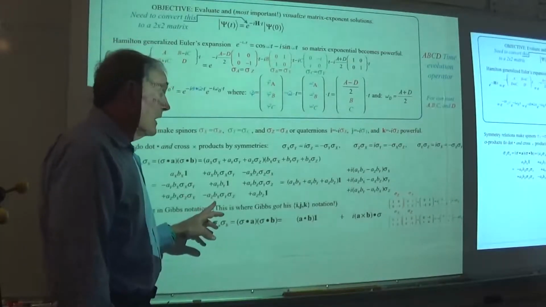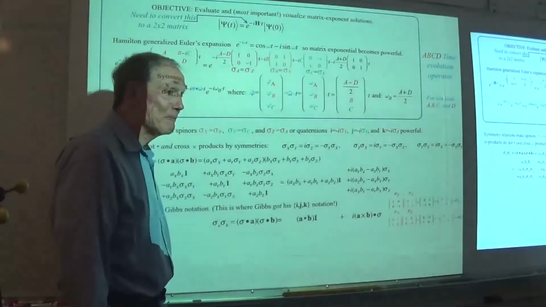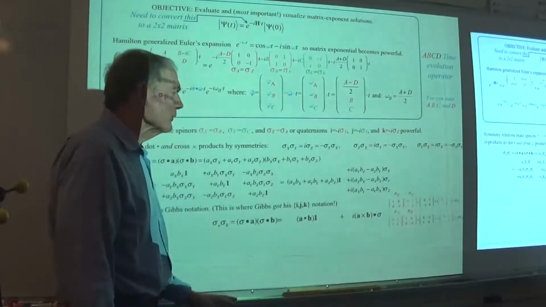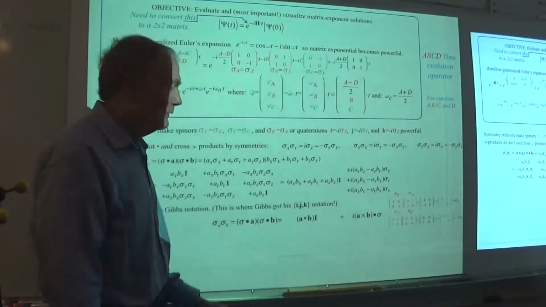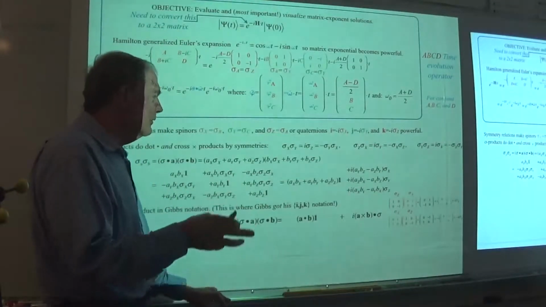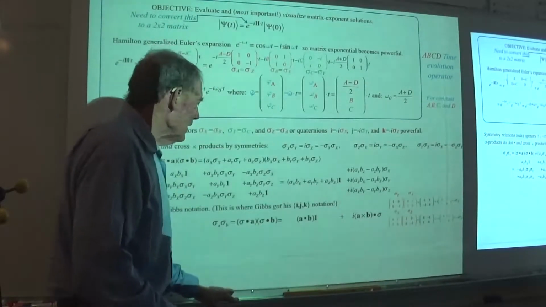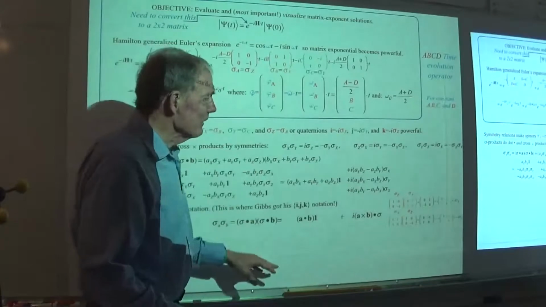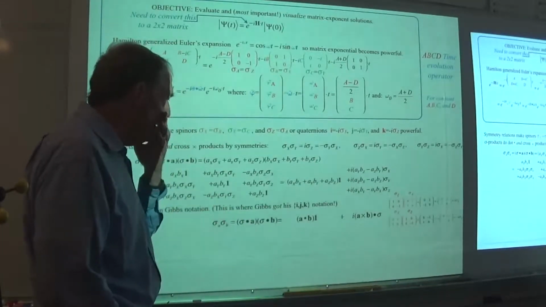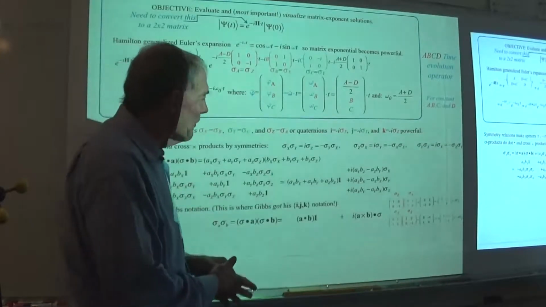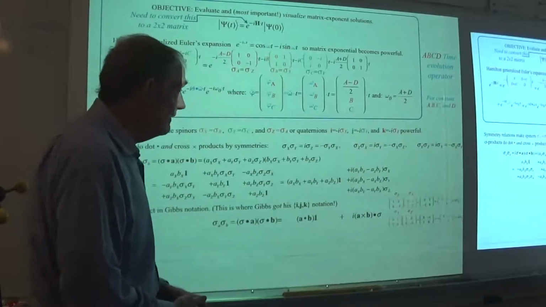Okay. Now, this is where Gibbs got his I, J, and K. He left this country to go to where they were smarter and learn what the Germans, the English, and especially the Irish, Hamilton is involved in this, and he learned about the quaternions, and he decided, hey, you know, that has, and he had already invented something called the cross product, and that's what we're getting here.